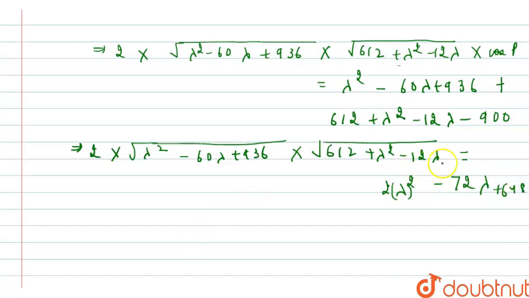So rearranging here, it should have been cos P also. Cos of P is equal to, so from here let's calculate the value of cos P.